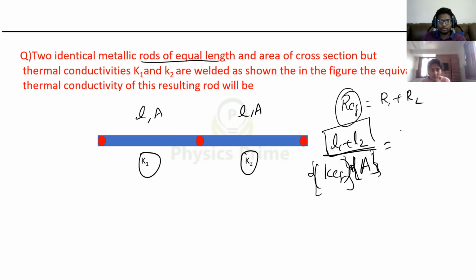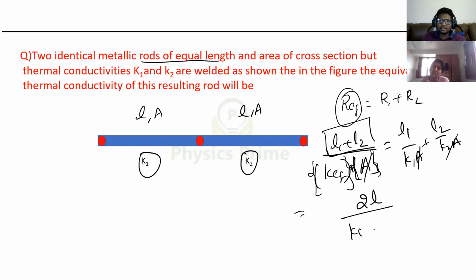Got it? L1 by K1A plus L2 by K2A. The length is the same, isn't it? Okay, the length is the same, so we can write this as 2L by K equivalent A. This A gets cancelled. So K equivalent is equal to 1 upon K1 L into K2 plus L into K1.